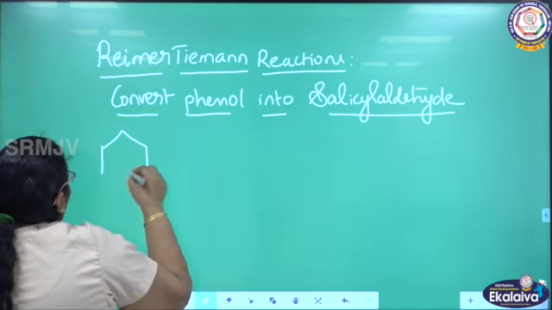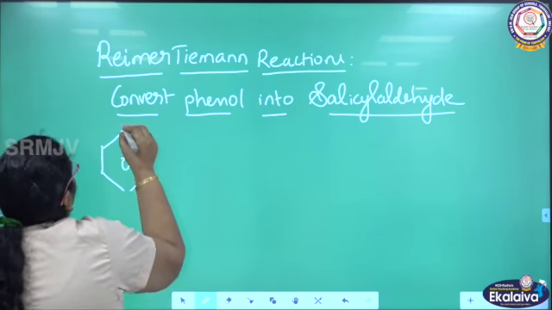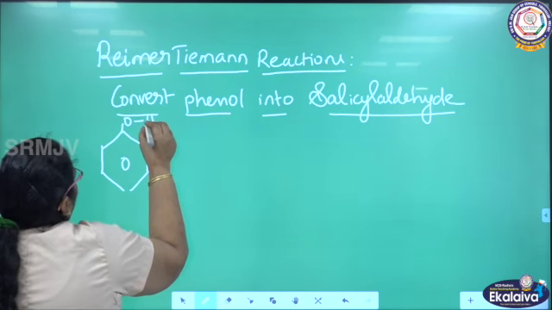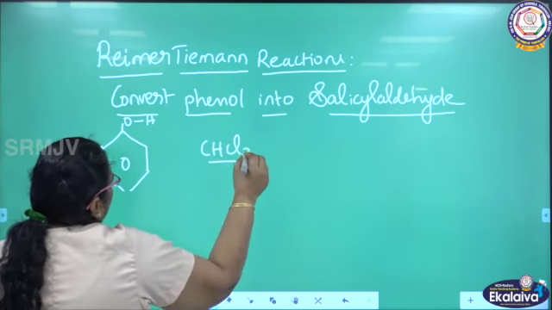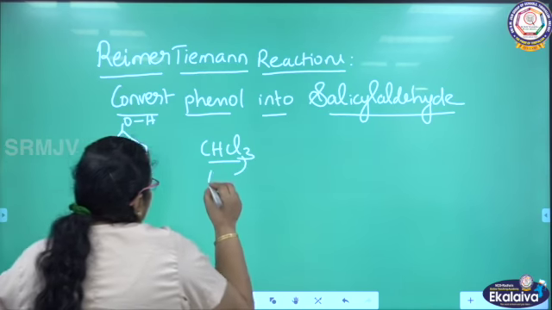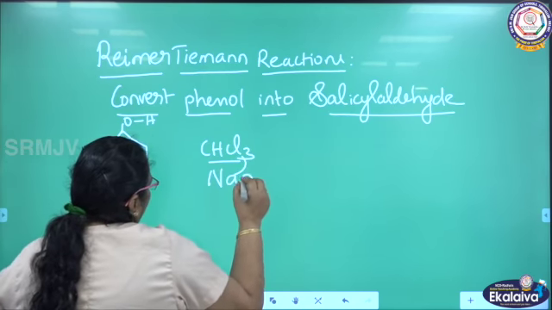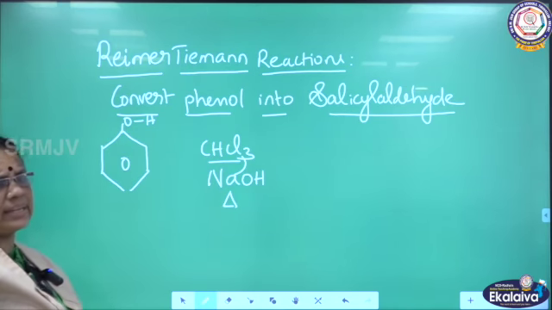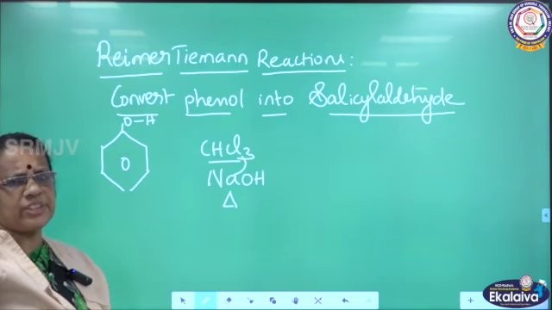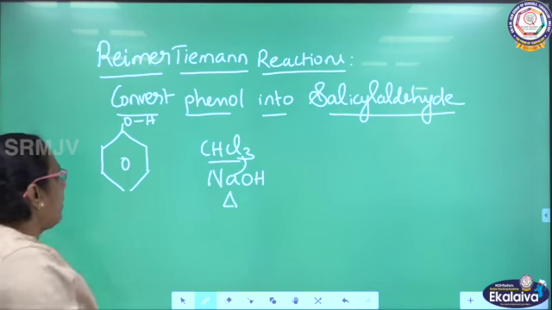Write phenol. Phenol is refluxed with chloroform and sodium hydroxide. Listen, see the first step. What is the first step?